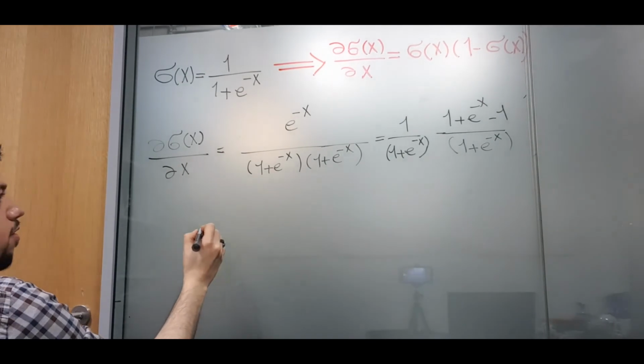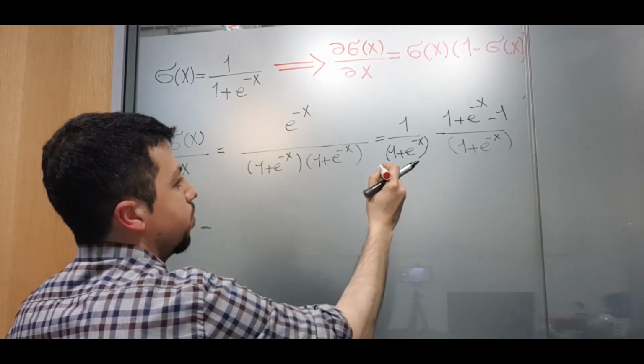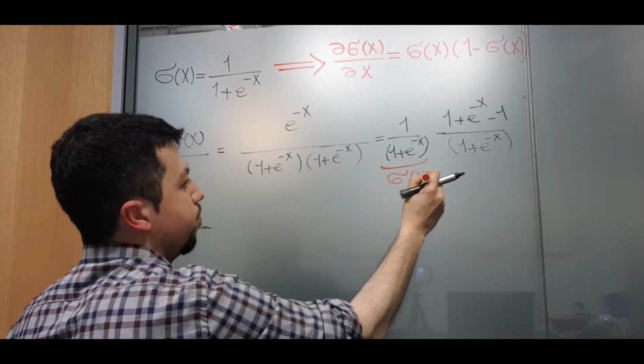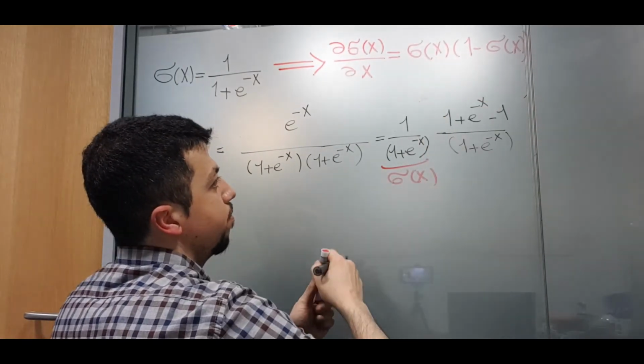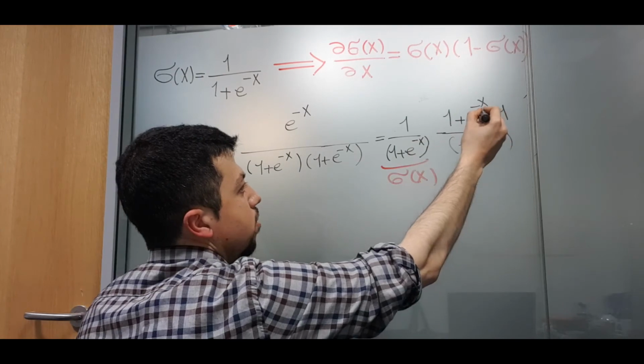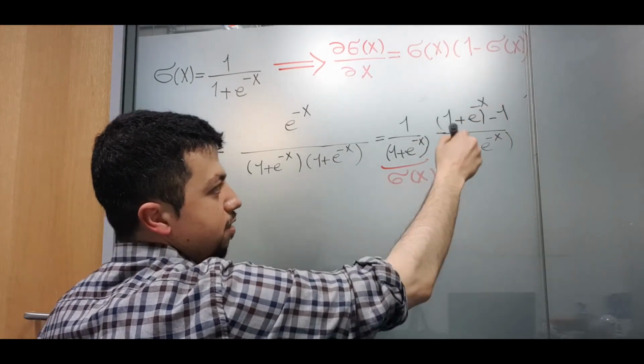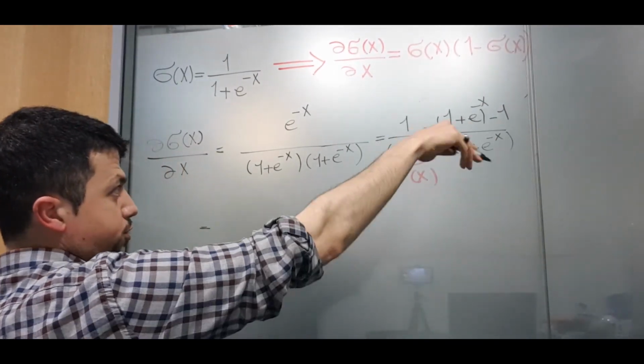And then we said that this part is my sigmoid, and this section can be divided into 2 separate parts.